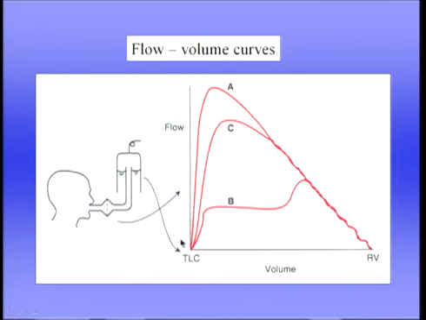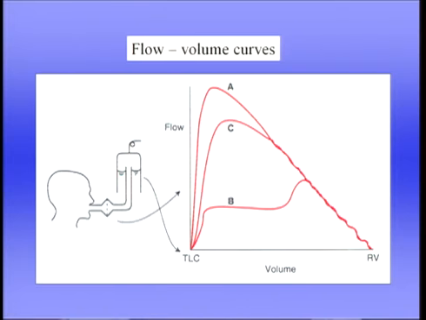Even more surprising, perhaps, is if we ask somebody to take in a full breath and just breathe out rather leisurely during the first part of the expiration, and then accelerate and breathe out as hard as he can. Again, remarkably, the flow rate increases to this envelope shown here and then decreases down the same path.